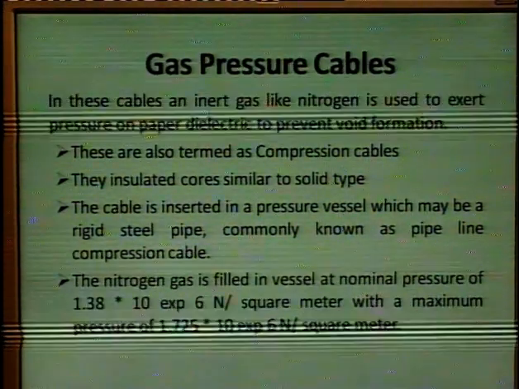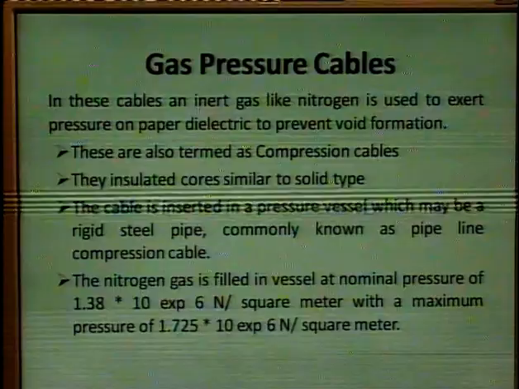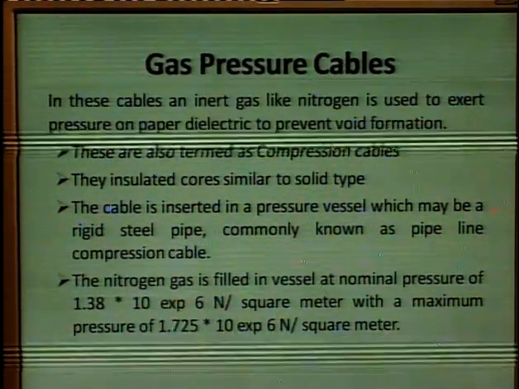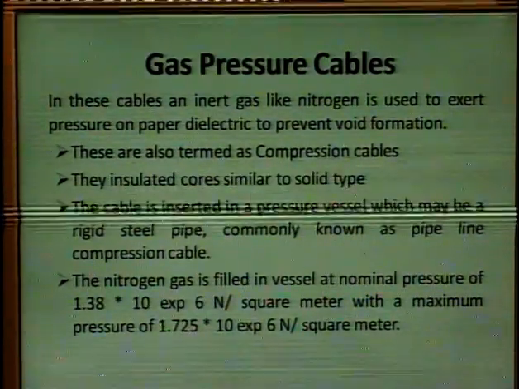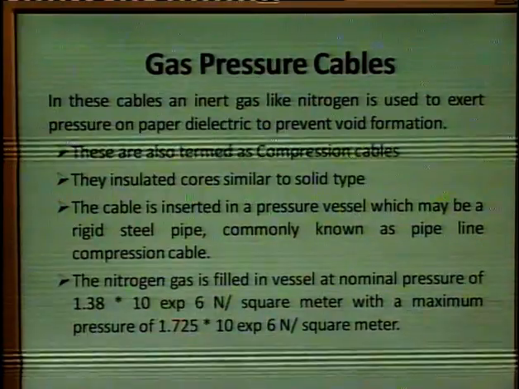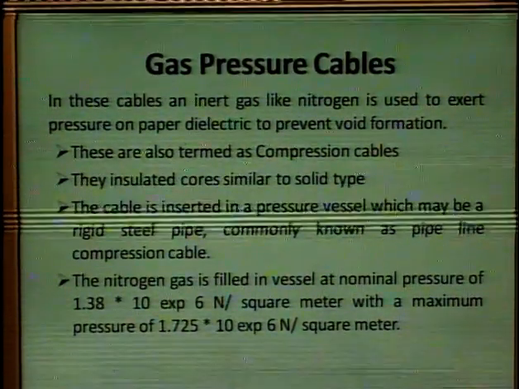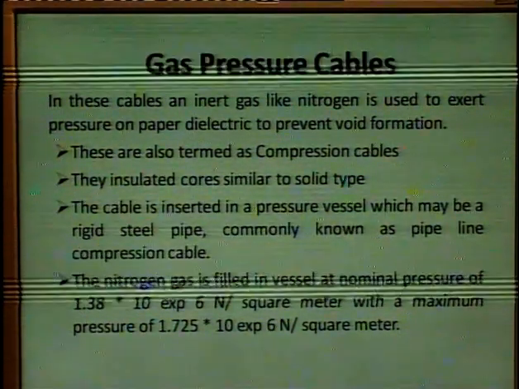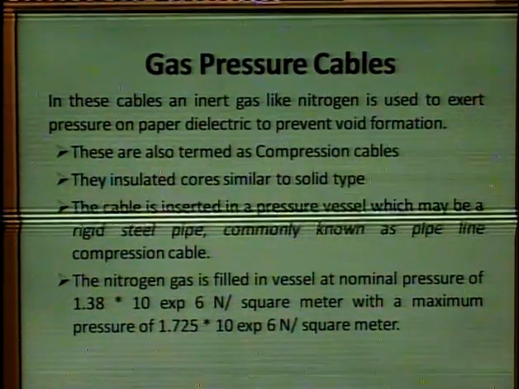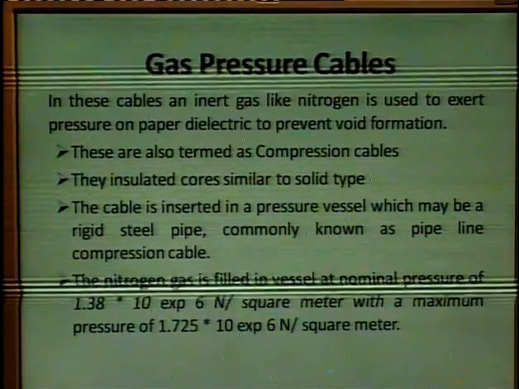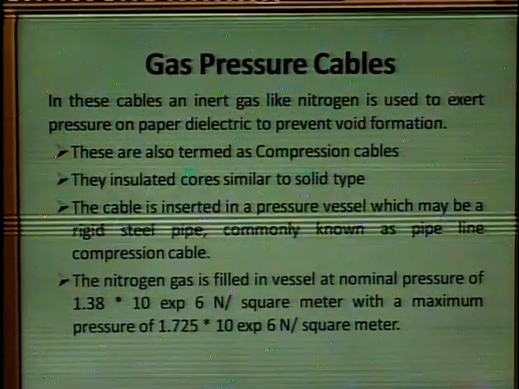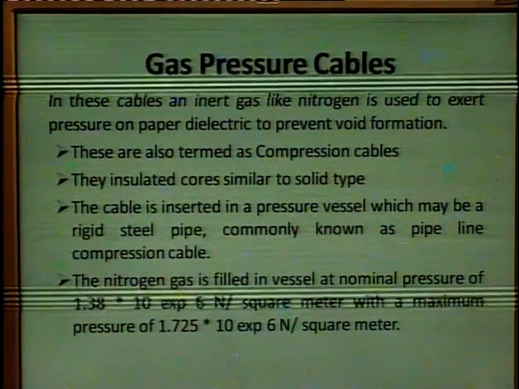Then we have the gas pressure cables. In these cables, an inert gas like nitrogen is used to exert pressure on the paper dielectric to prevent the void formation, and these are also termed as compression cables.